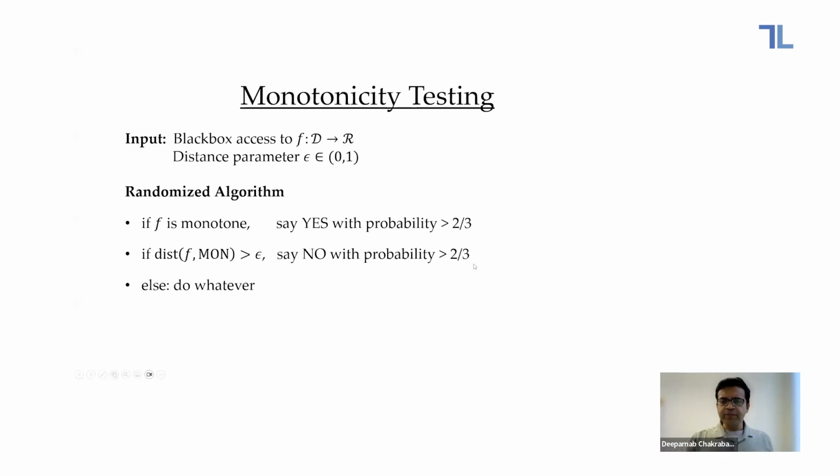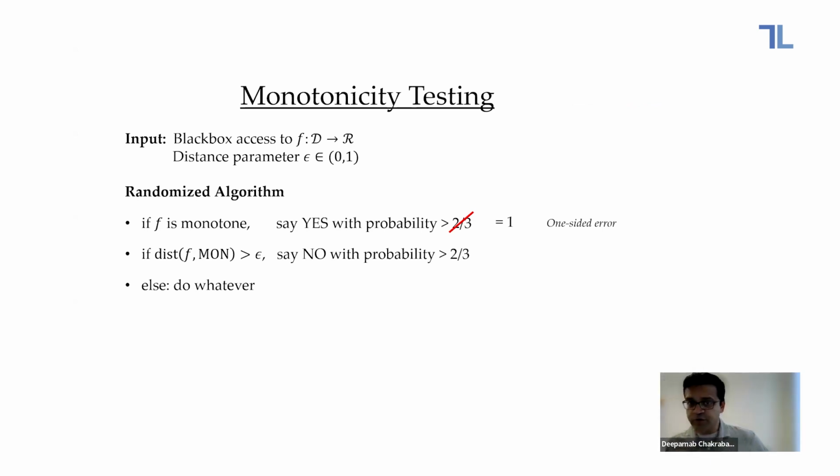Okay. So let me say two things that we will often talk about. These are terms that you will hear across the 3 weeks. Sometimes we want that if the function is monotone, you must say yes with probability 1. So there is no error.